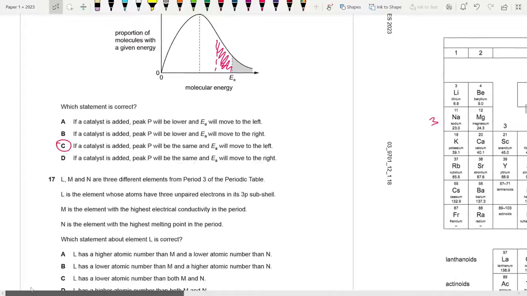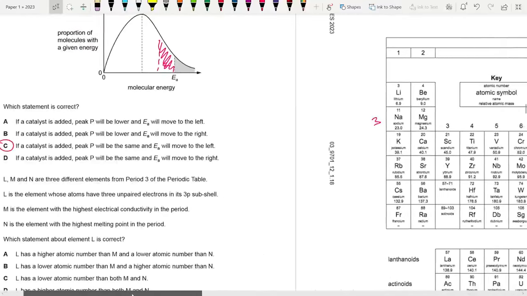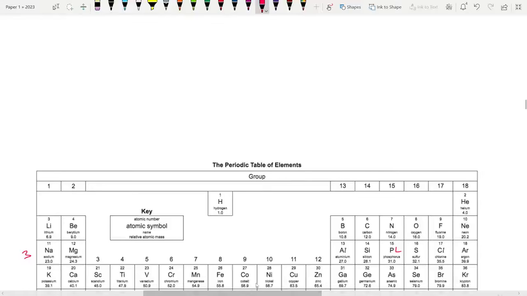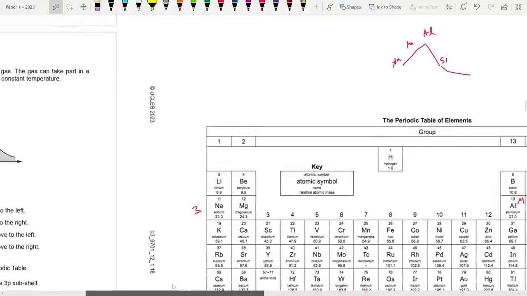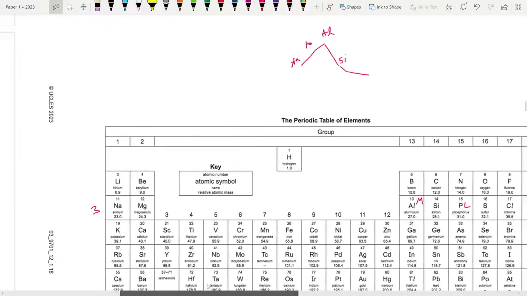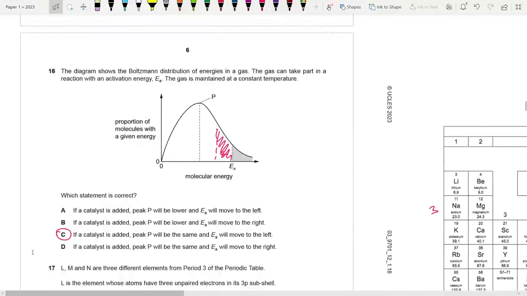Okay, 3 unpaired electrons. Next, M is the element with the highest electrical conductivity. So the graph goes like this. Sodium, magnesium, aluminium, right? And then yeah, silicon is alright, it's a semiconductor, and the others are just really bad. So aluminium is M, highest electrical conductivity, 3 electrons for each cation, for each atom in the sea of delocalized electrons.